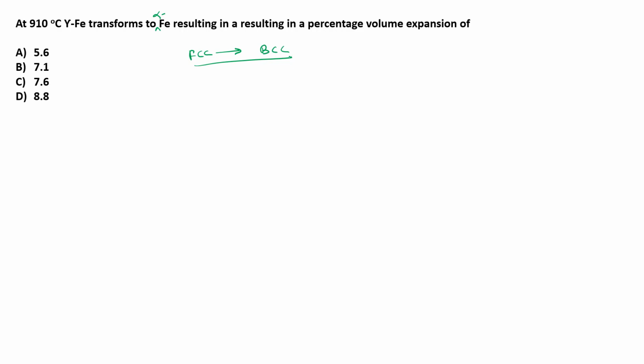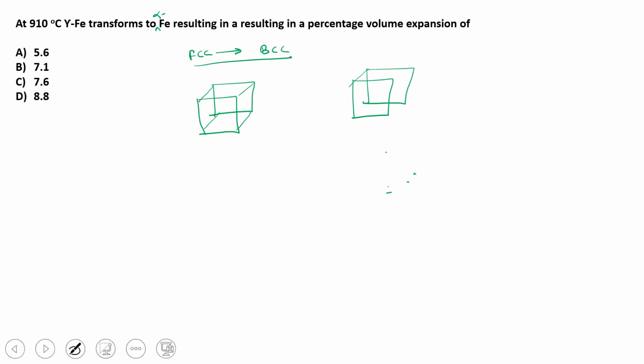Okay, so for this, see here, I will draw the crystal structure of both FCC and BCC, right?